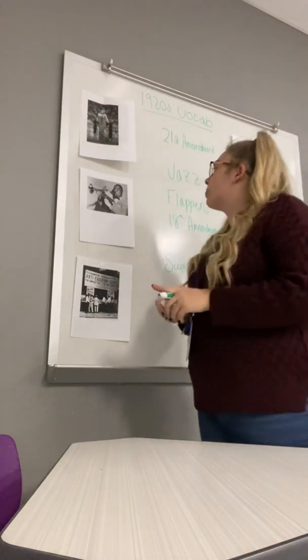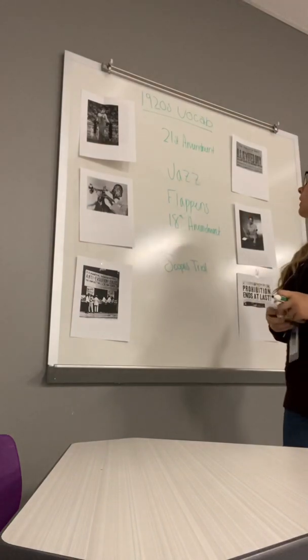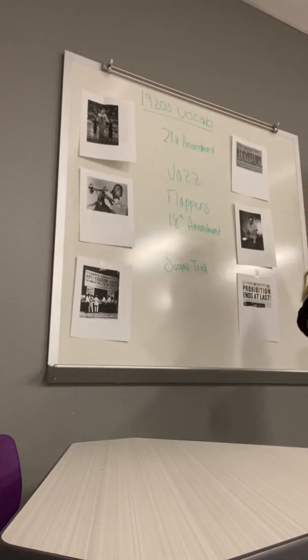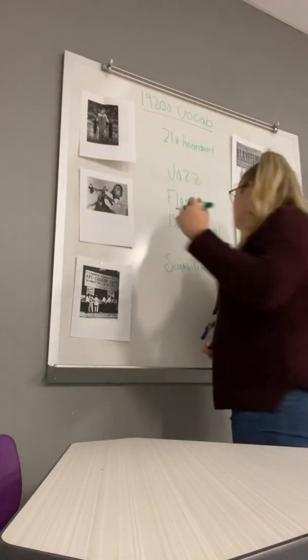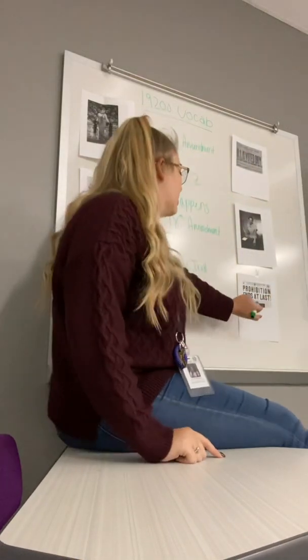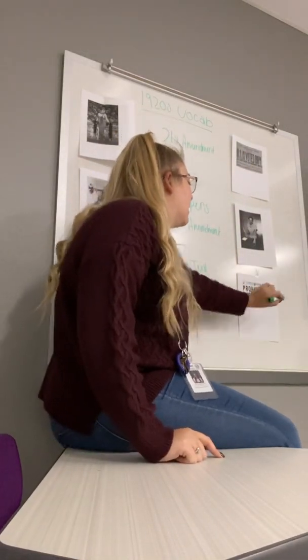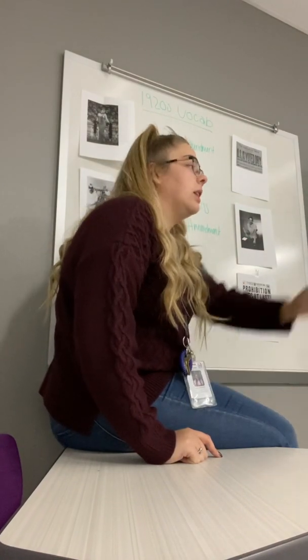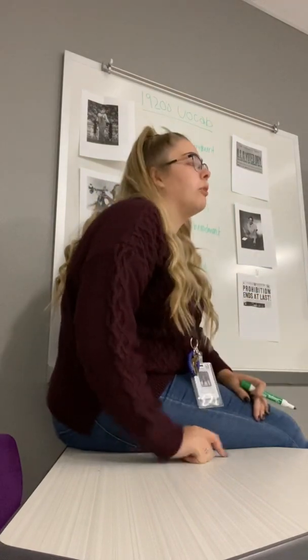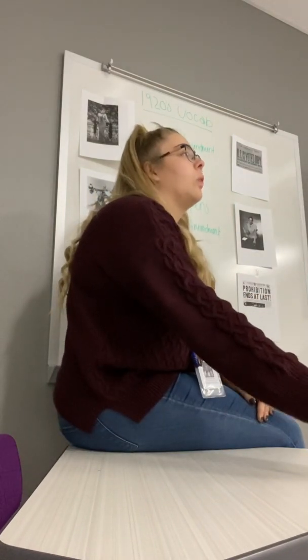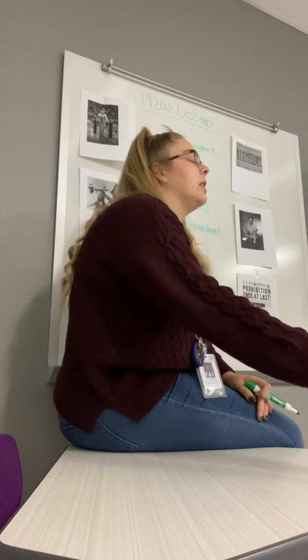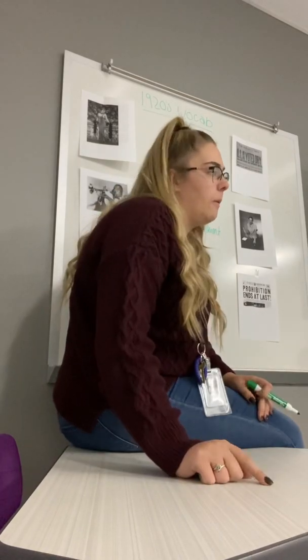So the first one that we are going to look at is, can anybody tell me what this picture means, where it says prohibition ends at last? Does anybody remember what the prohibition was? Yes, prohibition was when they ended the consumption and the sale of alcohol.